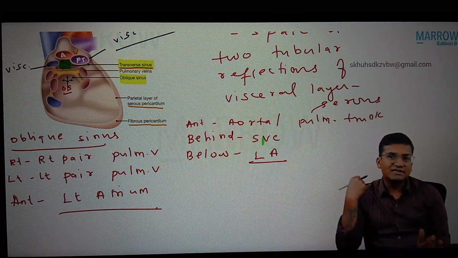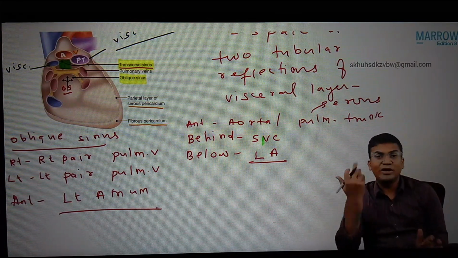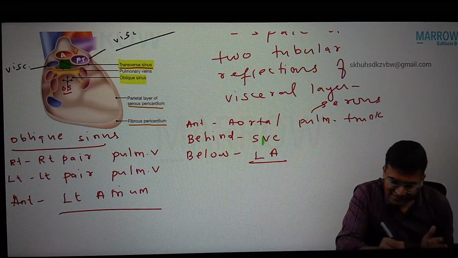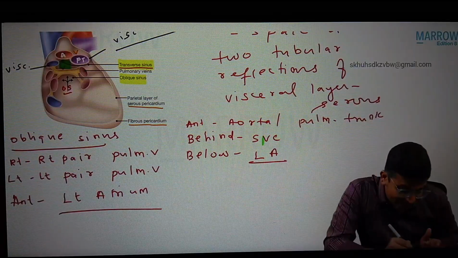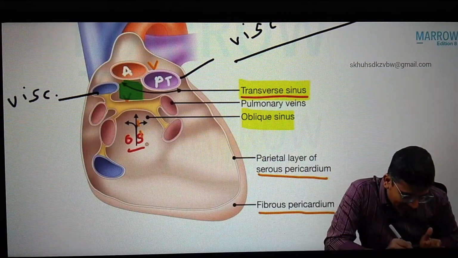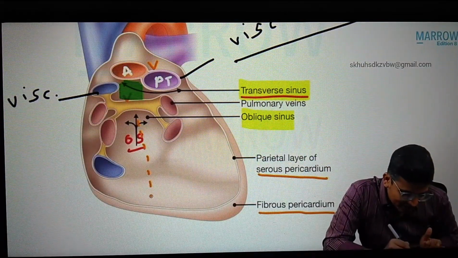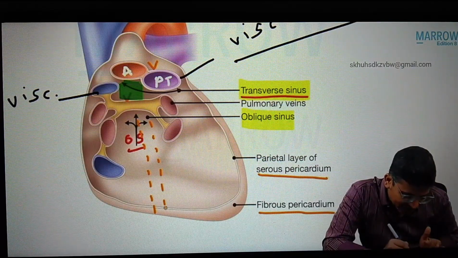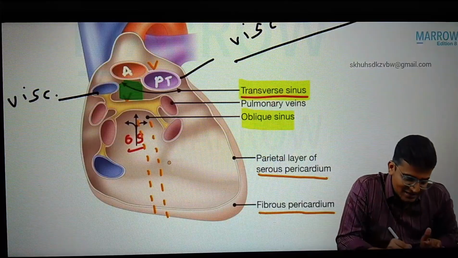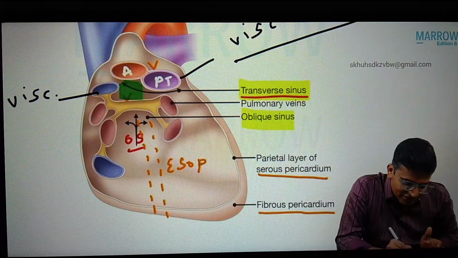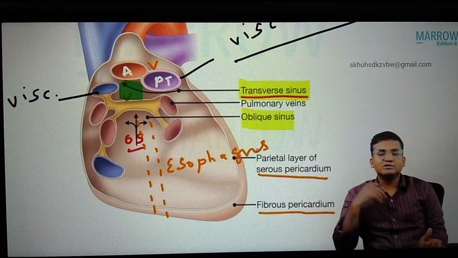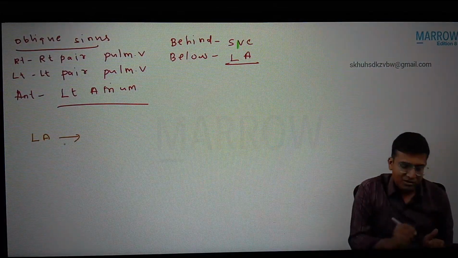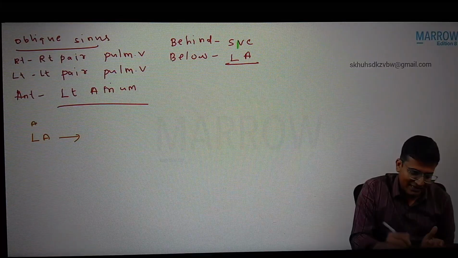Again, what is the necessity for the oblique sinus? Why do we have it? Behind the oblique sinus, we have the esophagus. I am drawing the esophagus in dotted lines. I told you already, any structure you draw in dotted lines means it is posterior. So what is the relation? We have the left atrium, which is anterior.